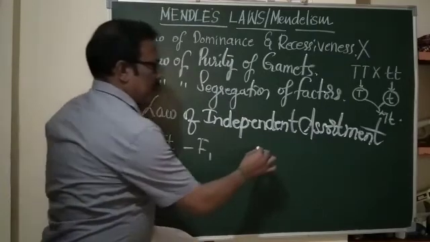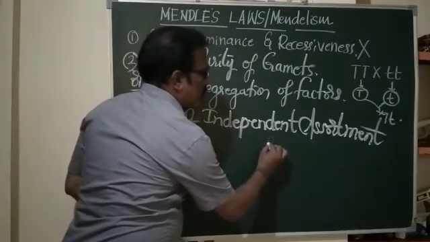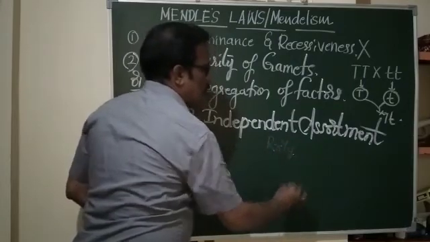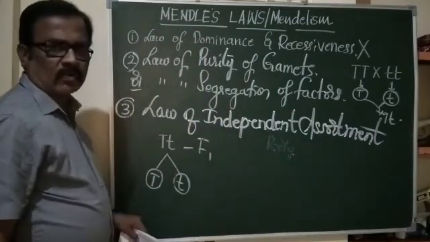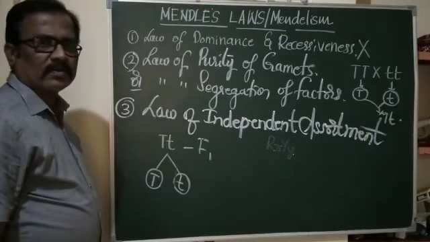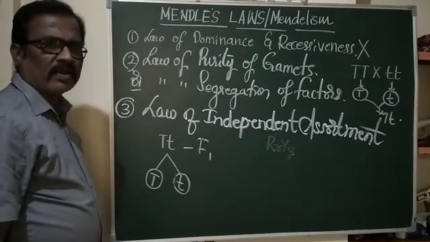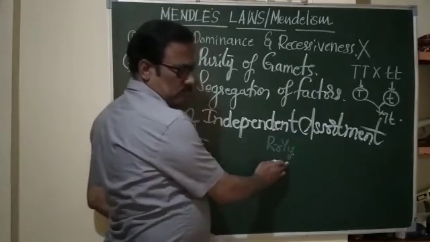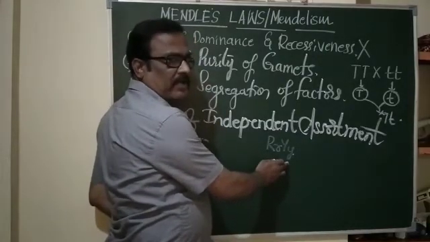In case of dihybrid cross, round with yellow, we crossed. What we got in F1 hybrids, all are round and yellow. What is the statement?